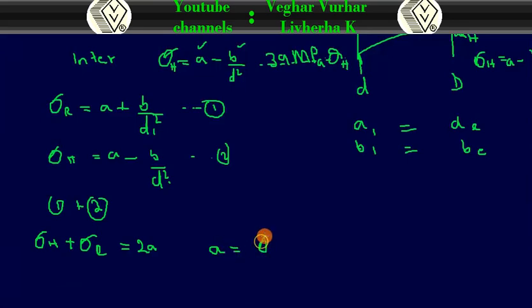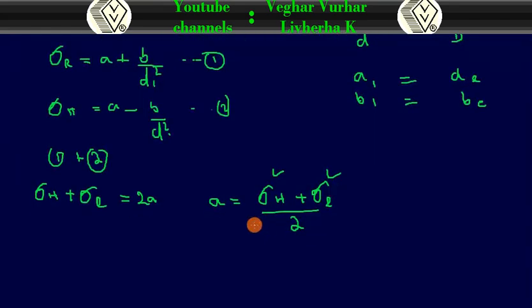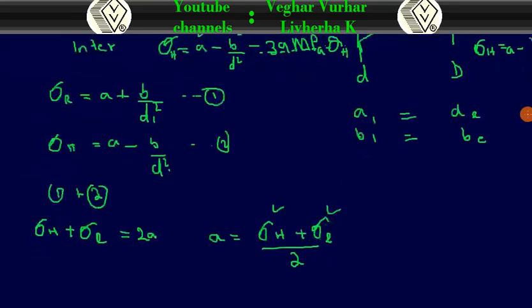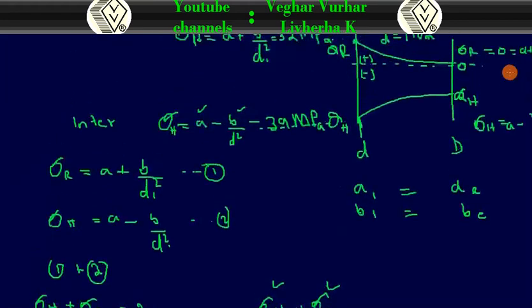So that means the value of a is the sum divided by 2. Then when we get a, we're going to use one of the equations to find the value of b, because this one is given and this one is also given, which is 39, but we do not have a, so we're going to add this one, divide by 2. Then the hoop stress normally is with the negative sign.